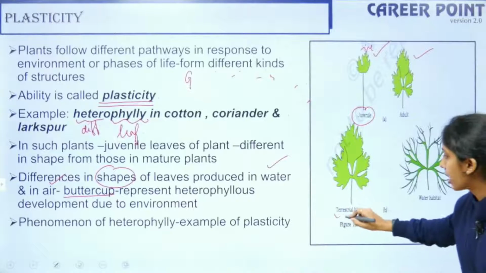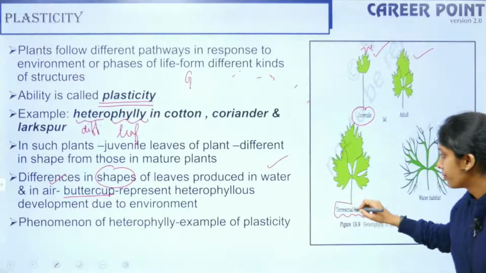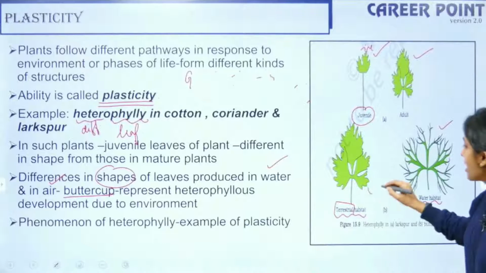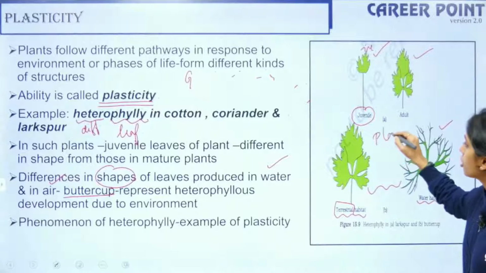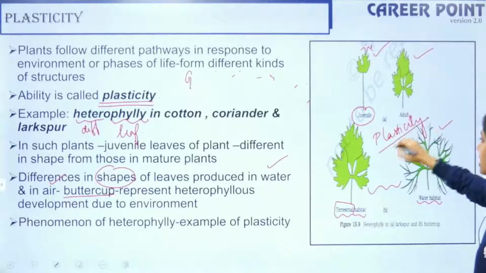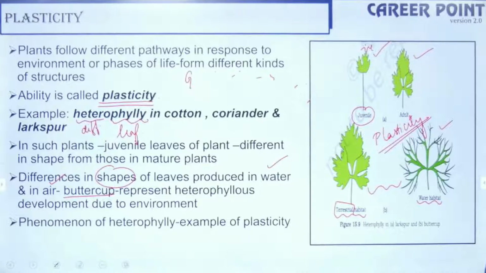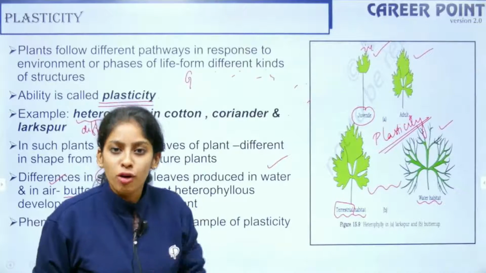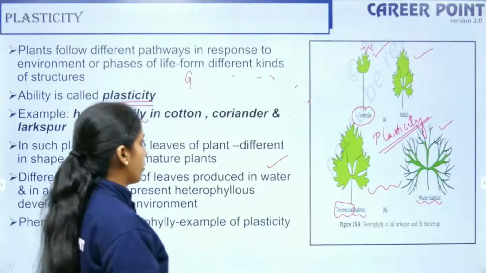So this is your buttercup. So this is on land. But when it is initially growing in water, this is the structure. So this ability of the plant to change its structure according to the phases of growth is known as plasticity. Is this clear everyone? Yes, any more doubts? So can I move forward? Okay, so moving further.